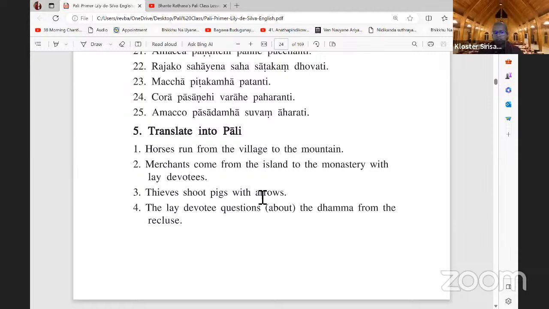Because all the time the last part of the sentence comes second, and then come the direct object. These are the indirect object. They come first, and this is easy to remember.